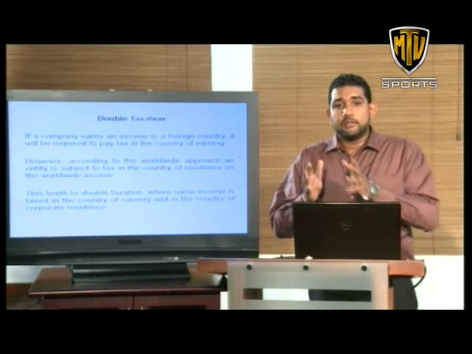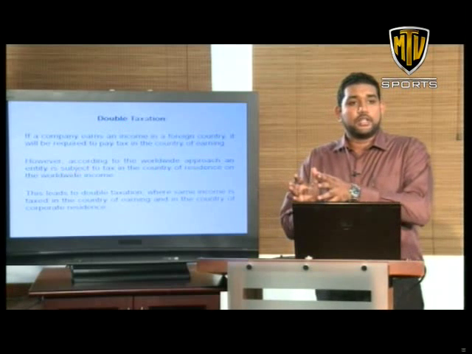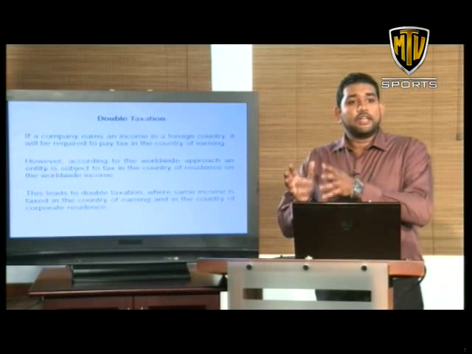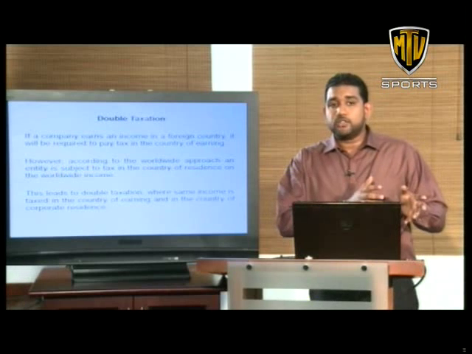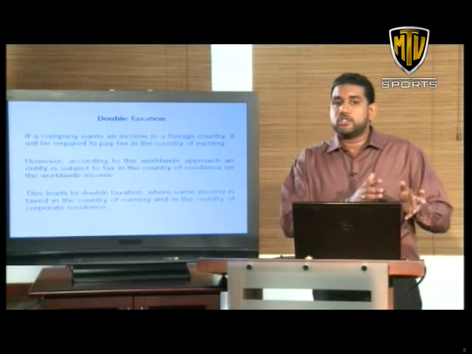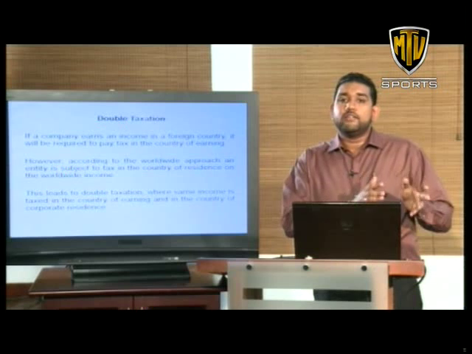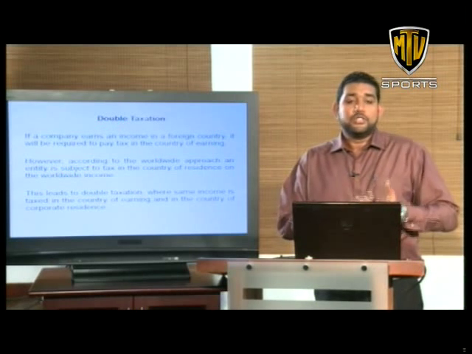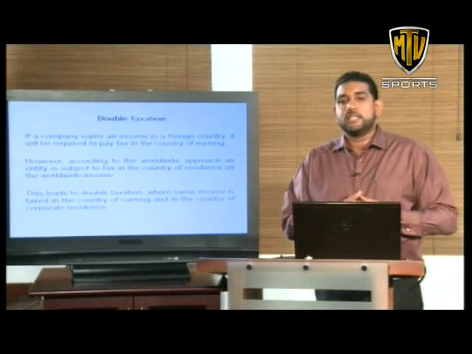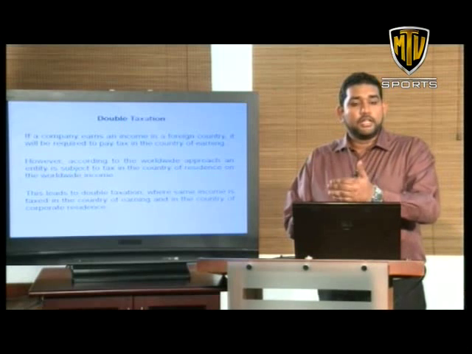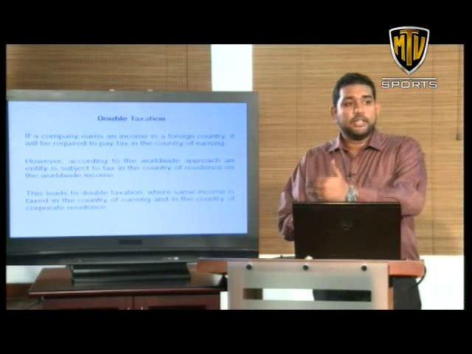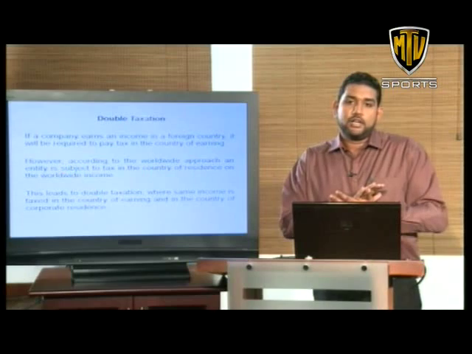But the branch is an extension of the Sri Lankan operation, so when that income is taken back to Sri Lanka, the Sri Lankan tax authority will again levy taxation on that income. This is where double taxation applies: the same income is subject to taxation in India as well as in Sri Lanka.